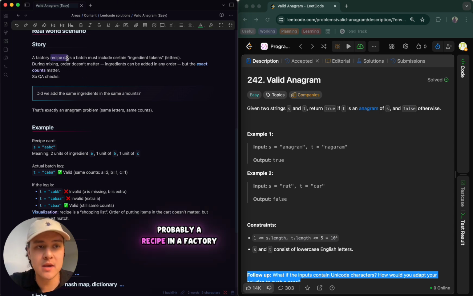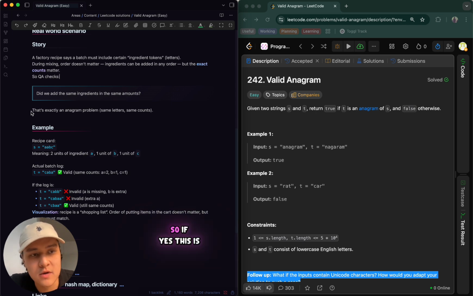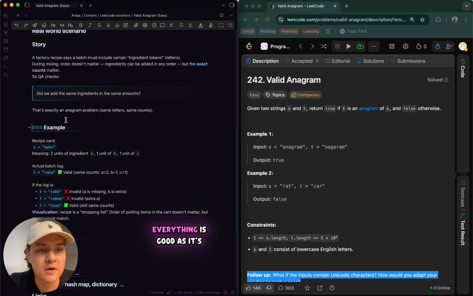During mixing, order doesn't matter and ingredients can be added in any order, but the exact count matters. Did we add the same ingredients in the same amounts? If yes, this is exactly an anagram: same letters, same counts.